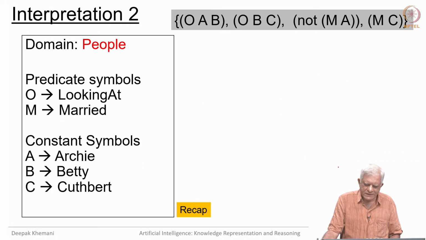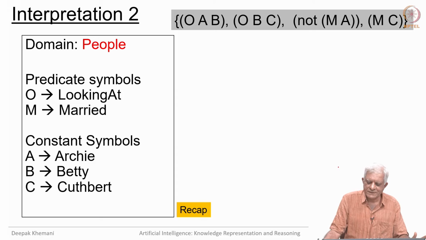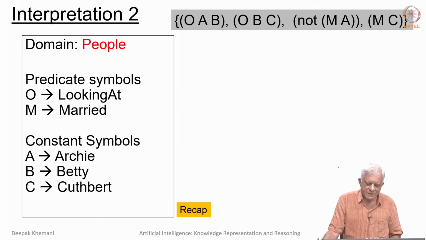We saw another interpretation of the same knowledge base, those 4 formulas, in terms of people. Then O could be looking at, a binary relation or binary predicate, M is married, which is a unary predicate, and the 3 constant symbols stood for 3 people.